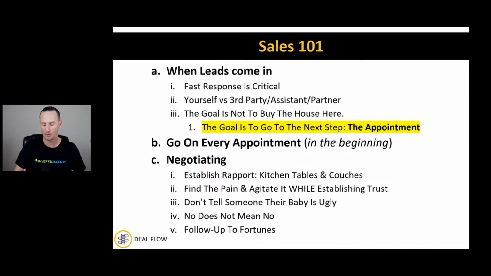Now, as far as negotiating, establish rapport. Negotiating should be done at kitchen tables and on the couch, sitting not across from each other. You don't want to do that. You want to sit adjacent from one another. Find the pain points and agitate them while establishing trust. And by agitate, what I mean is you're asking questions. What if pain point doesn't get taken care of within the next couple of weeks? How else are you considering solving pain point?